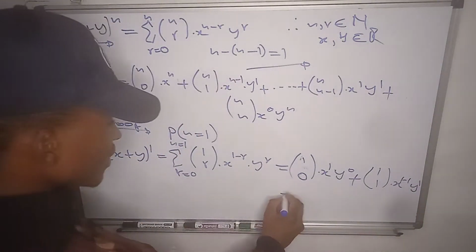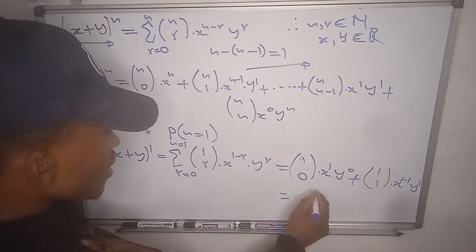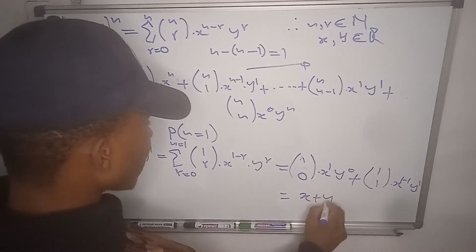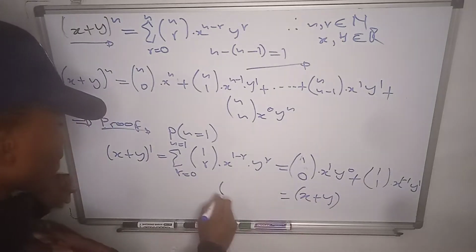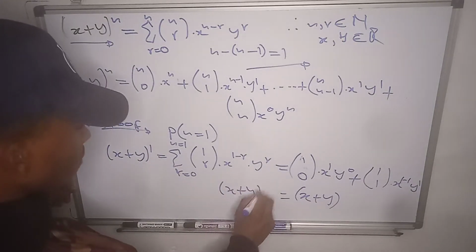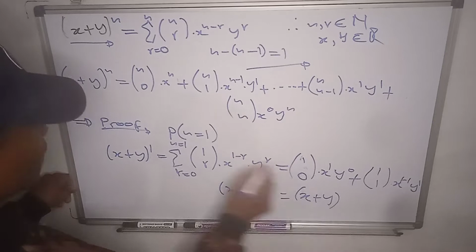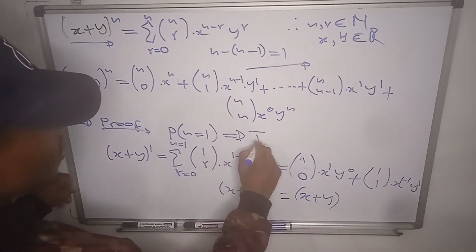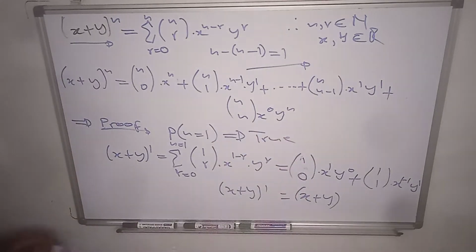This is the same as x plus y, but x plus y is the same as (x + y) to the power 1. So this implies that when n equals 1, our assumption is true.